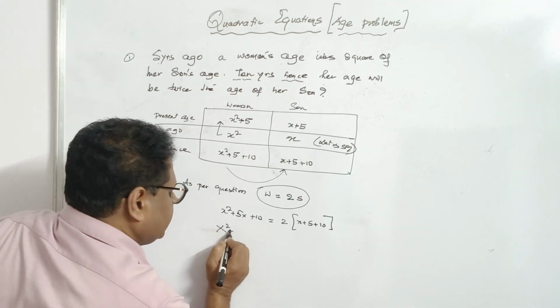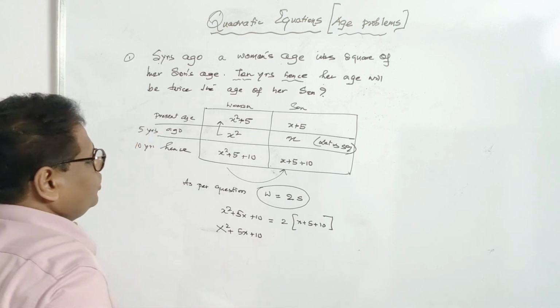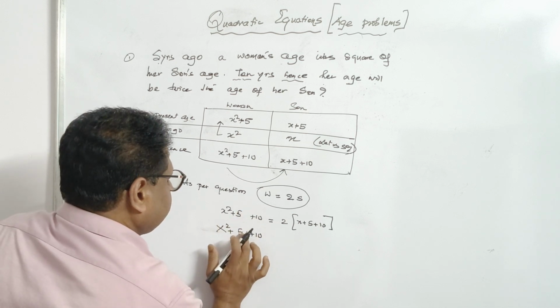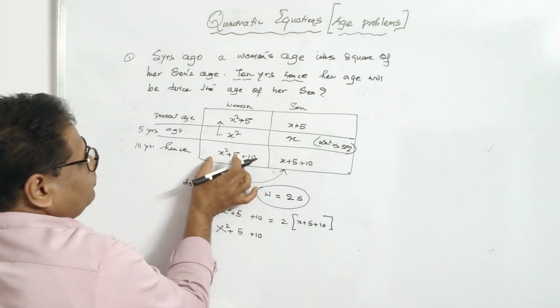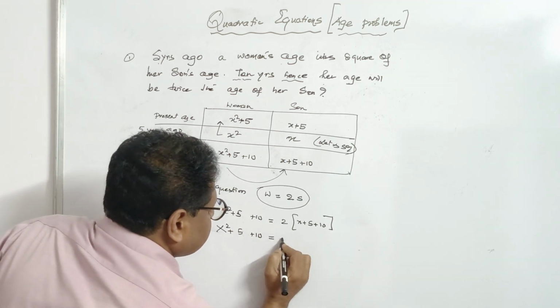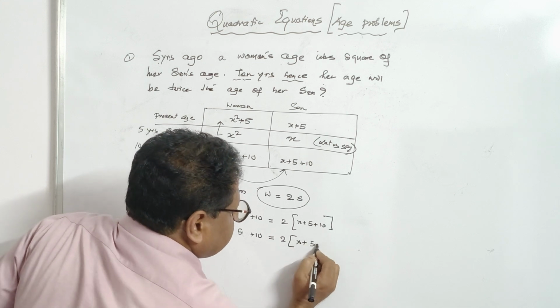Now the equation comes: x square plus 5 plus 10. So this is the woman's age after 10 years. This is equal to 2 times x plus 5 plus 10.